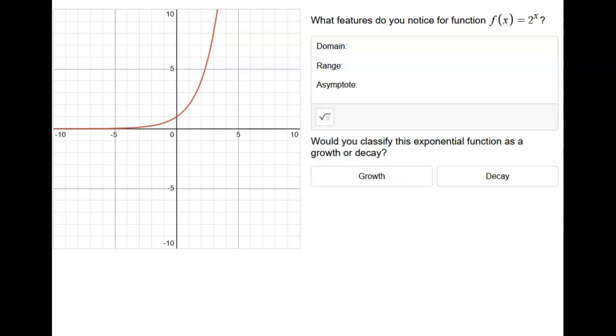Okay, so the next thing that we want to talk about is domain, range, and asymptote. So we probably need to define some vocabulary. The first one that we want to talk about is domain, and that is all the possible x values. When we talk about domain, we're just talking about how far to the left and to the right does this graph stretch.